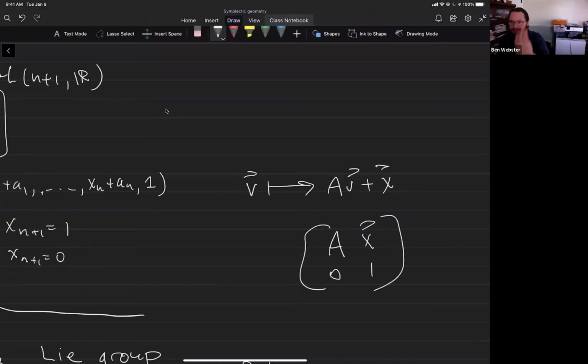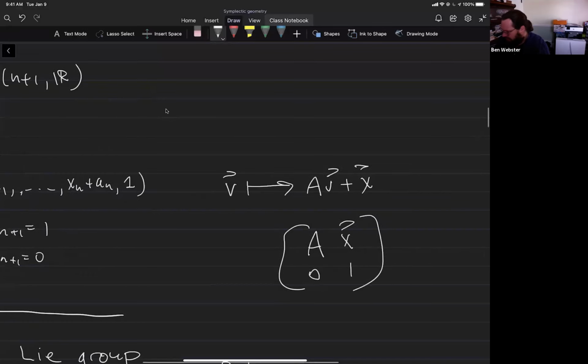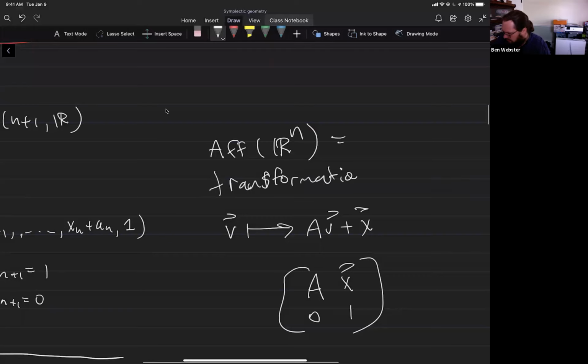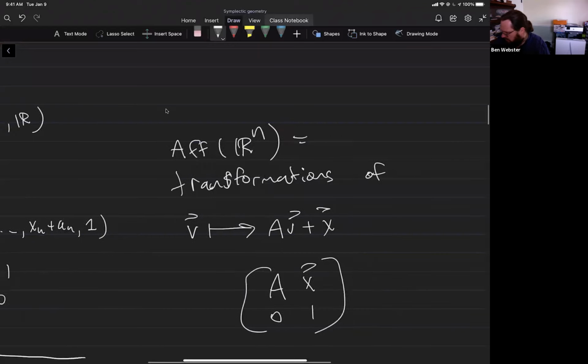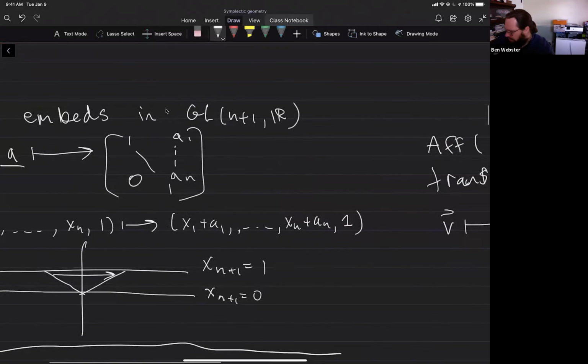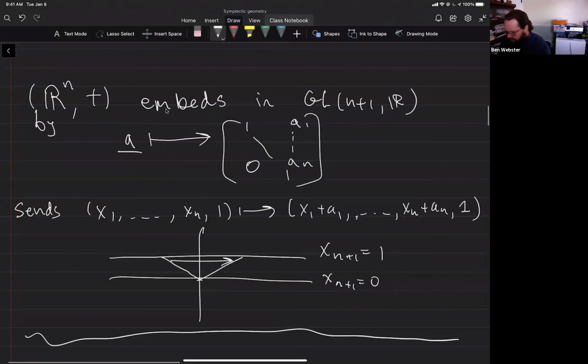So that's an embedding of the affine group into the general linear group. The affine group on R^n is all transformations of this form. All right, so that's one more interesting example of a Lie group.